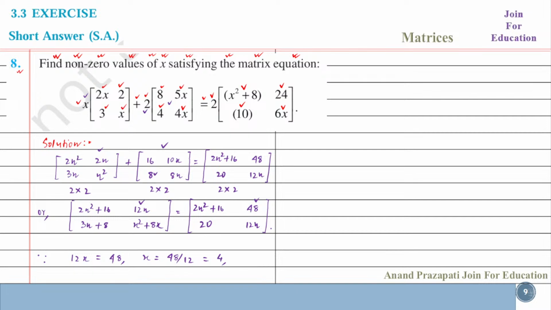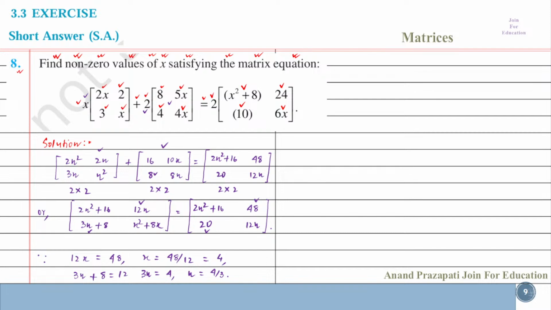Again we compare 3x plus 8 by 20, then we get 3x plus 8 equal to 20, or 3x equal to 12 minus 8 equal to 4. Therefore x equals 4 by 3. There is no problem to understand up to this step.